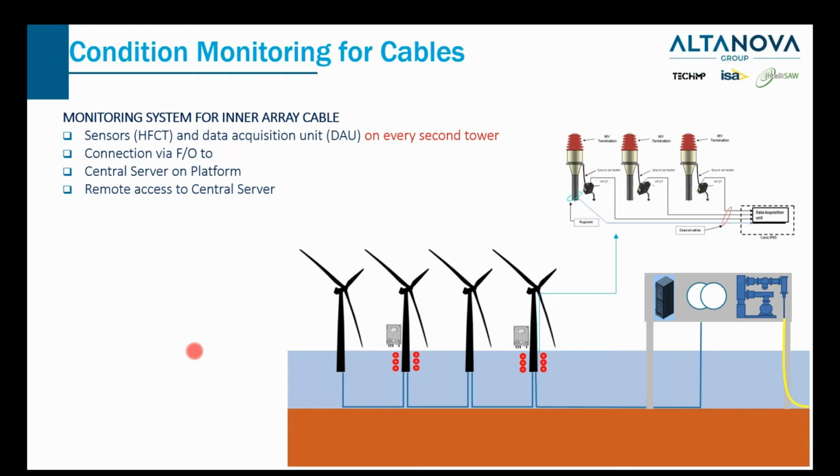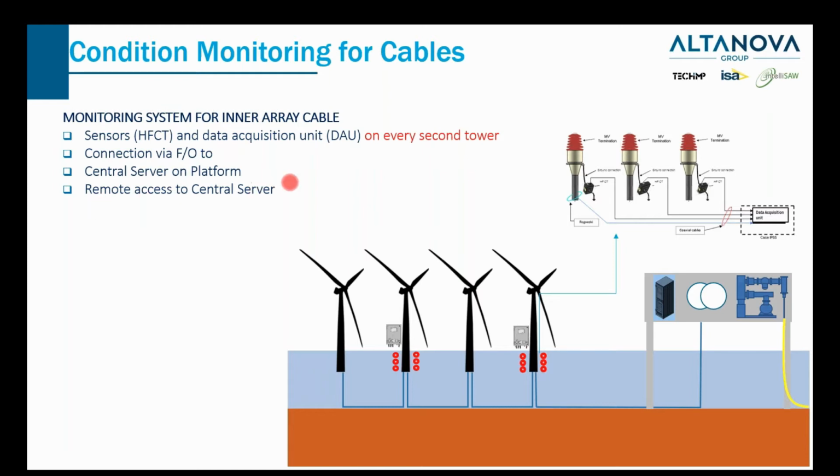And the data acquisition unit, we put it close to the platform or close to the sensor, to the equipment under test. The data acquisition units can be interconnected by fiber optics, which might be a challenge for offshore wind farms to access. And the central server can be installed on the platform or in the service room.